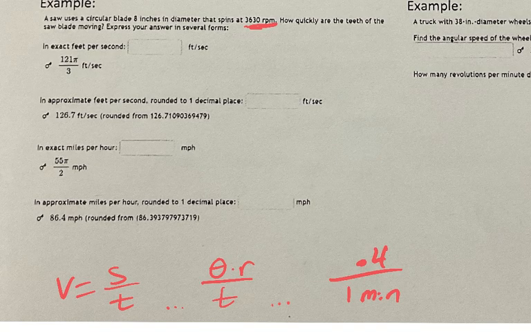So I had to do 2 pi 3,630 times. So you're going to multiply 2 times 3,630, which would be 7,260. So it's 7,260 pi radians.